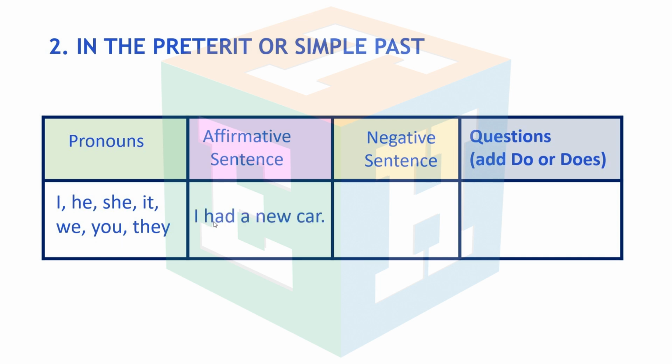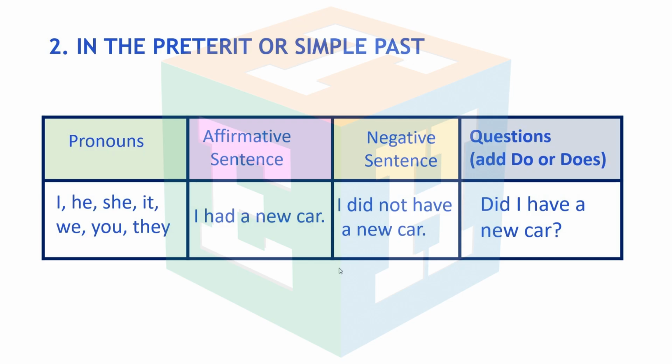Affirmative sentence, I had a new car. Negative sentence, I did not have a new car or I didn't have a new car. Questions, did I have a new car?